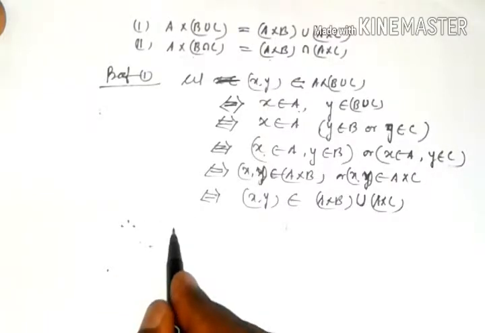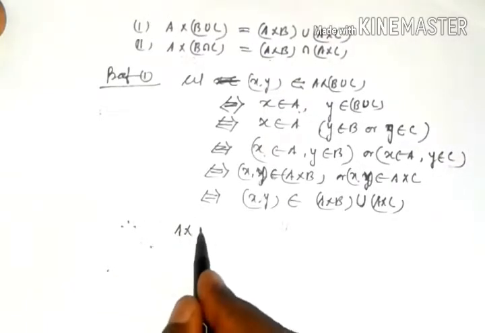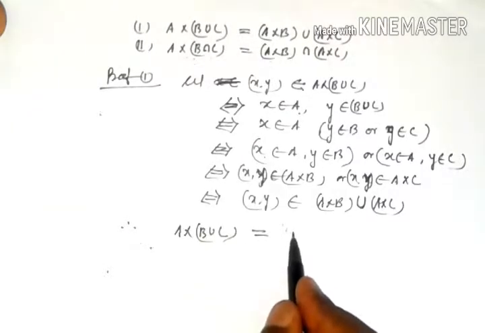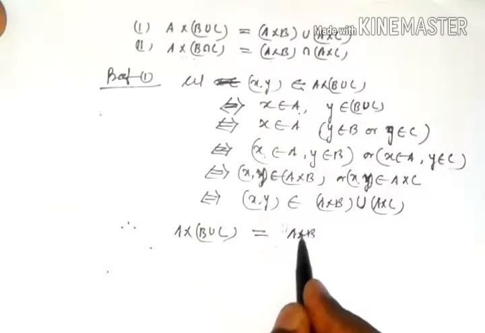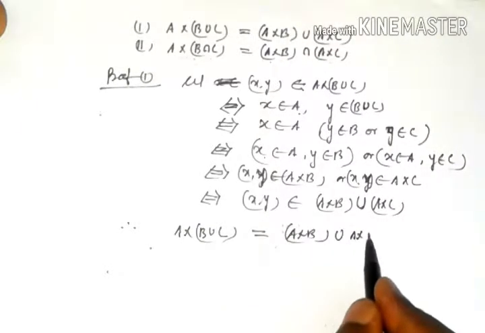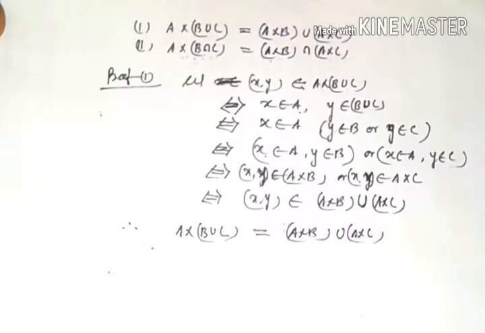Therefore, we can write A cartesian product (B union C) is equal to (A cartesian product B) union (A cartesian product C).